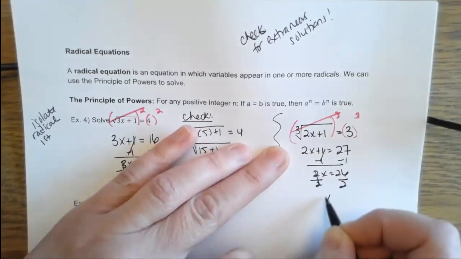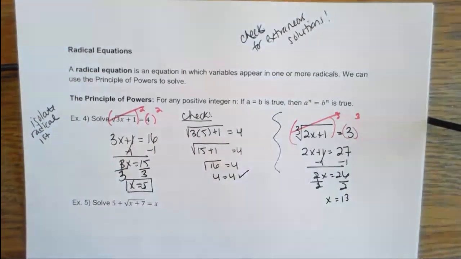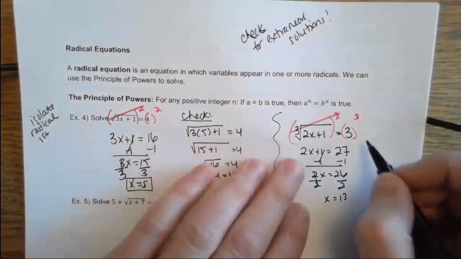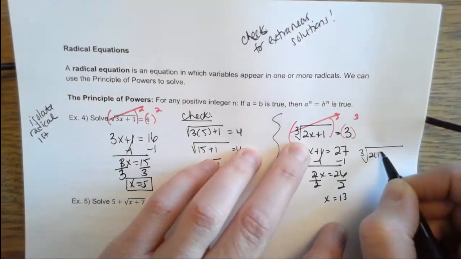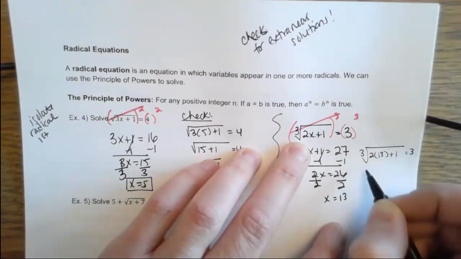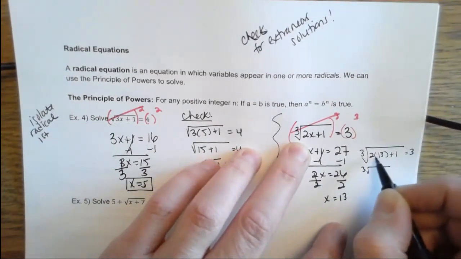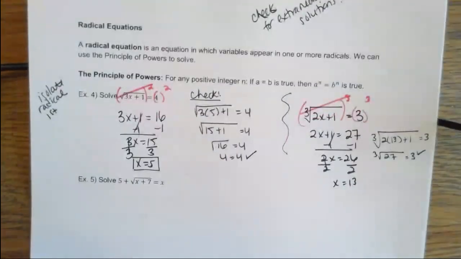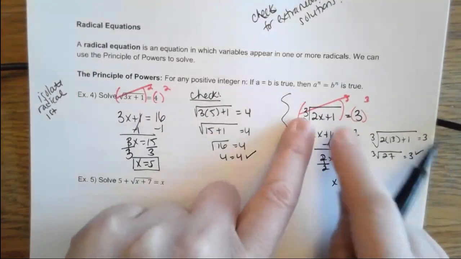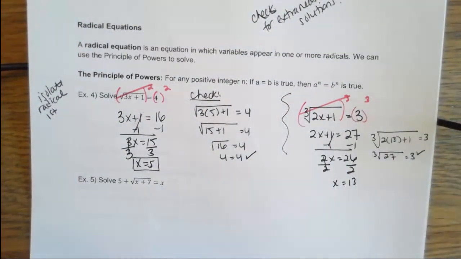And then I would keep solving from there. And you still have to check it. So if I check this, is the cubed root of 2 times 13 plus 1 equal to 3? Well, 2 times 13 is 26 plus 1 is 27. And yes, in this case, it does work out. So whatever your type of root is, that's the power you're going to use to cancel.